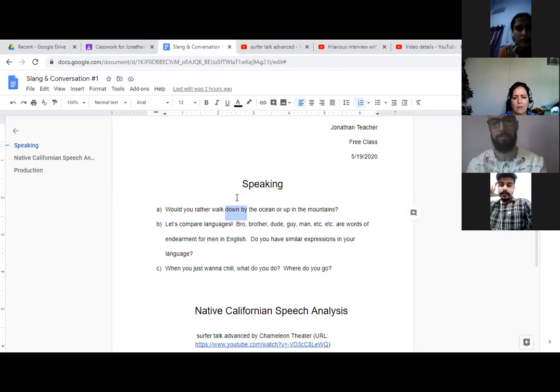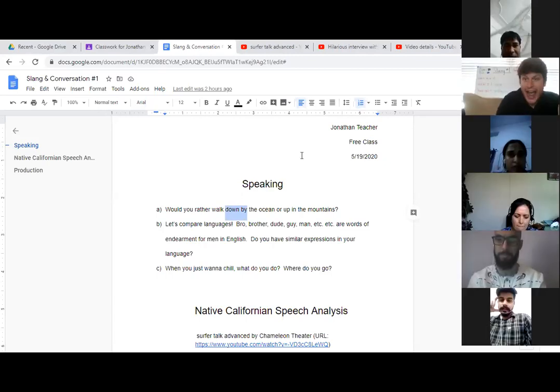It really means the same thing as at, right? At the beach, at the pier, down by. It's kind of strange, this little preposition, but it's very casual, it's very informal. I'll meet you down by the bus station, for example.